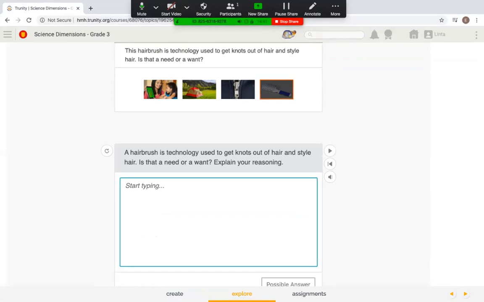Let's read this problem together. A hairbrush is technology used to get knots out of hair and style hair. Is that a need or a want? Explain your reasoning. I'm just going to wait for a couple of seconds so you can think: is the hairbrush a need or a want?